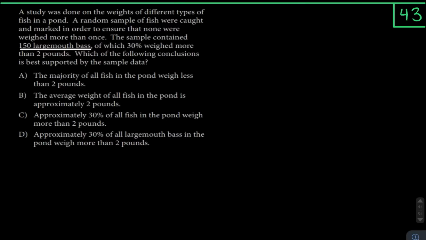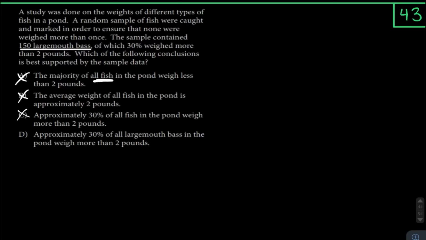So we can't make conclusions about every fish in the pond just because of one of the populations of fish in that pond, right? We only are given largemouth bass, okay, which are going to have their own unique weight and everything. So we can't make conclusions about all fish from this, and that's what B and C are asking for, right?